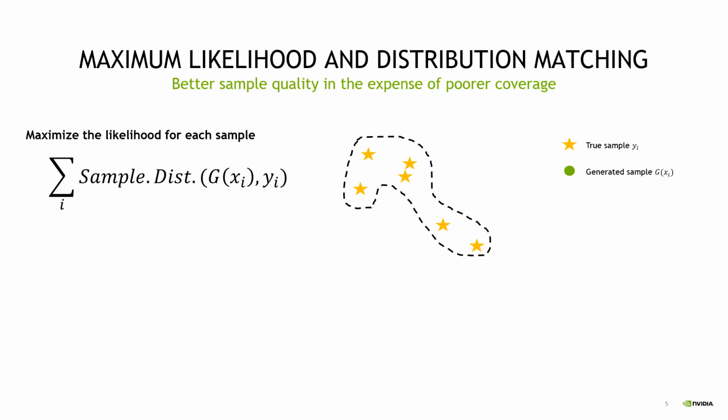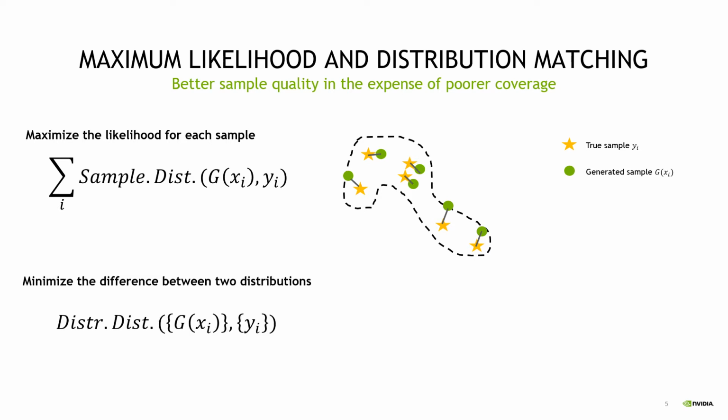Each star is a real sample. So we want a generator G that can convert the inputs to a set of points where each synthesized image will be close to the ground truth image. So every ground truth image should be covered somehow.